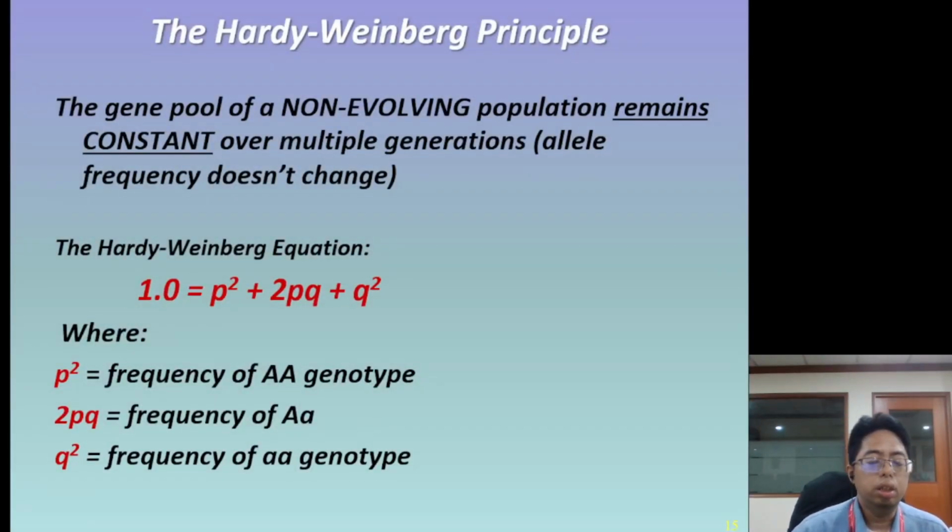So, in short, the gene pool of a non-evolving population remains constant over multiple generations. Allele frequency does not change. The Hardy-Weinberg equation is 1.0 = p² + 2pq + q², where p² is the frequency of the AA genotype, big A big A. 2pq is the frequency of big A small a, which is heterozygous, and q² is the frequency of the small a small a genotype.